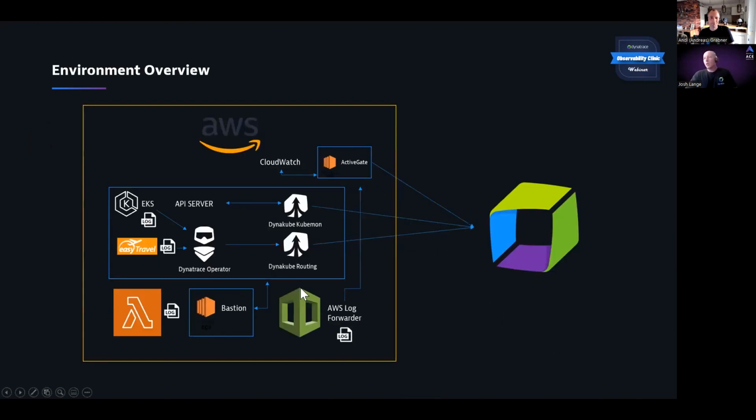All right. So let's first start off with, what does our environment look like? I have a local environment here that I'm running in AWS, running EKS, basically have easy travel, operating our application side, which is collecting logs via our OneAgent. And then I also have a couple of Lambda functions out there that are doing our log forwarding directly from AWS into our ActiveGate.